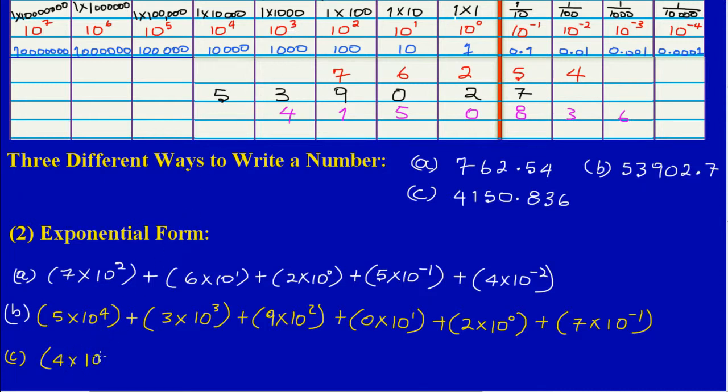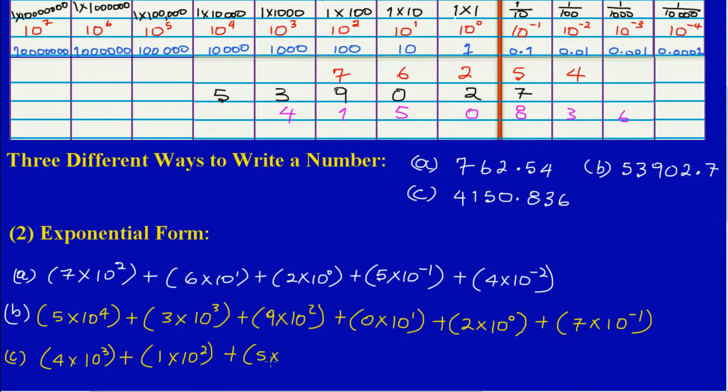So we would have 4 times 10 to the 3, and that's being added to 1 times 10 to the 2. And that is also being added to a 5 in the tens column, so that's really 5 times 10 to the 1.